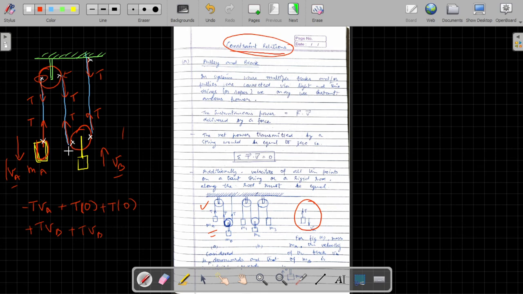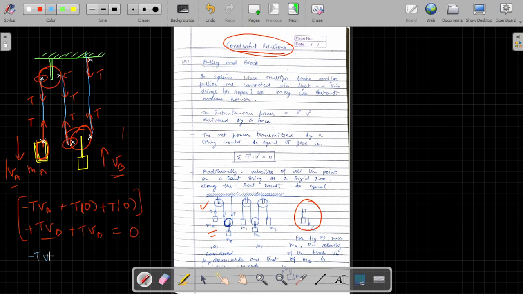Here I would like to reiterate, at these points the tension and velocity are in the same direction, so we have simply multiplied tension with the velocity, and we have done the same process again for this point on this pulley. So this is T into VB, and our idea is that when adding all these instantaneous powers, their sum will be 0. So let us calculate further.